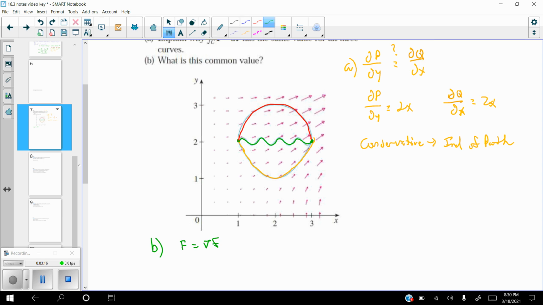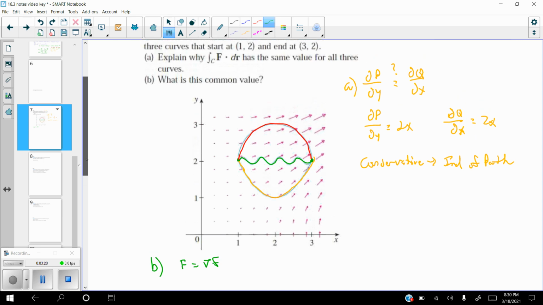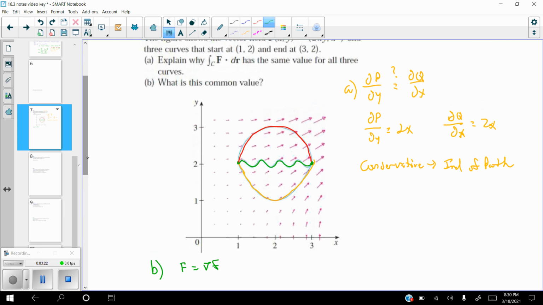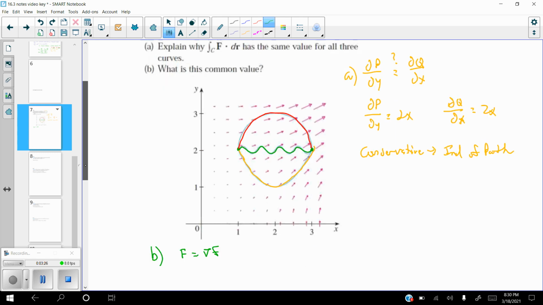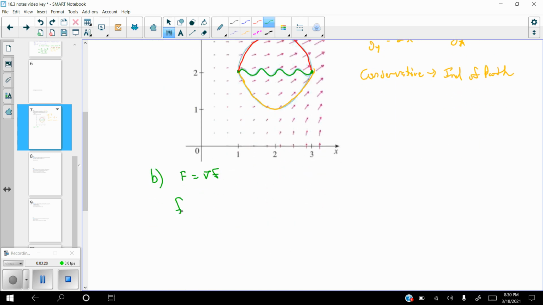So we can guarantee that fact. So let's go ahead and take a look at this. I'm going to scroll back up until I get the stuff written down here. So f sub x is 2xy. So the antiderivative with respect to x is going to be x squared y plus some other function of y.